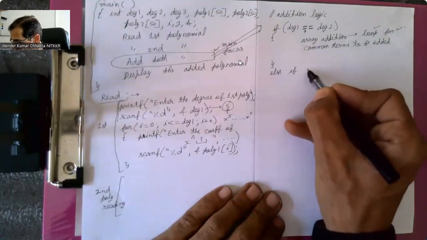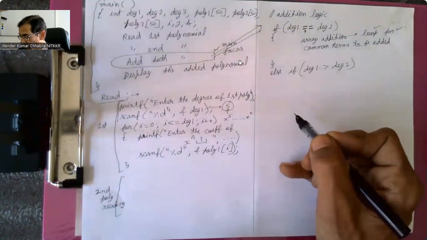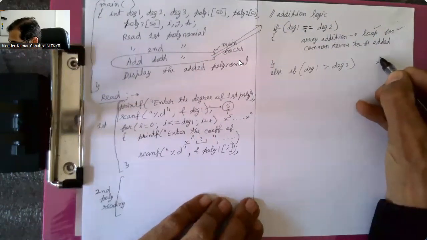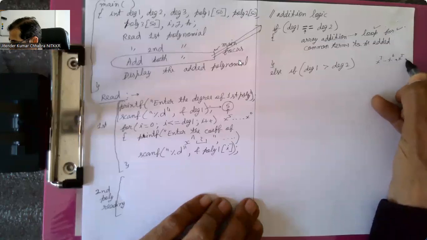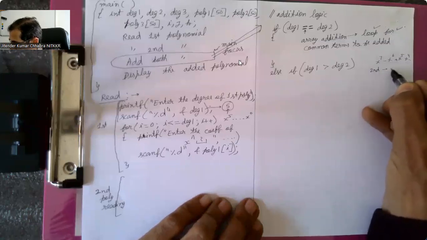Else, other case, let's say degree 1 is greater than degree 2. Now what to do? How will you do this solution? So degree 1 greater. For example, first polynomial has some x raised to 7, x raised to 6, x raised to 5, and then x raised to 4 onwards. Second polynomial has terms from x raised to 4 onwards.